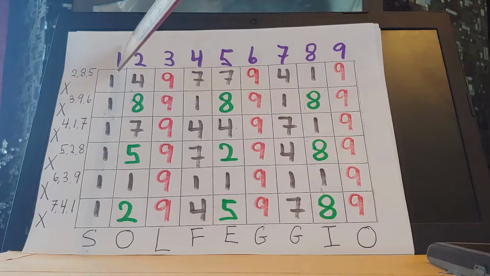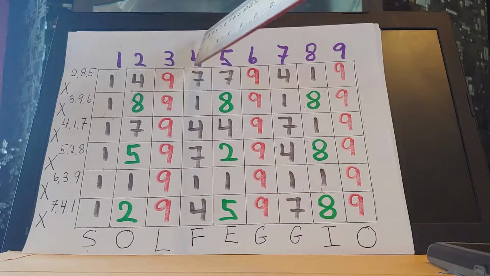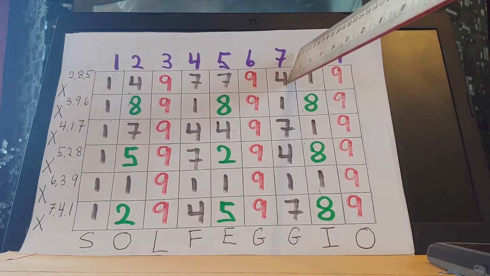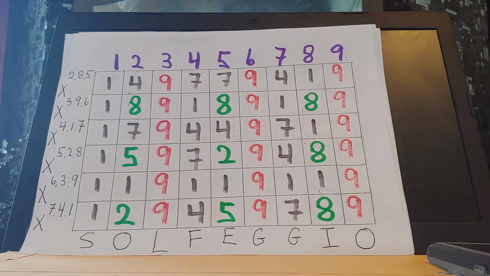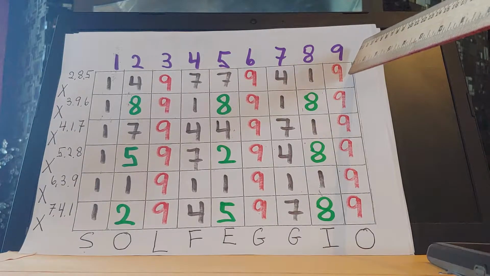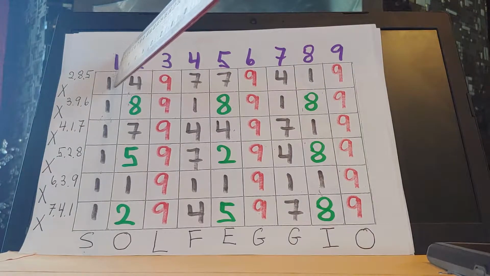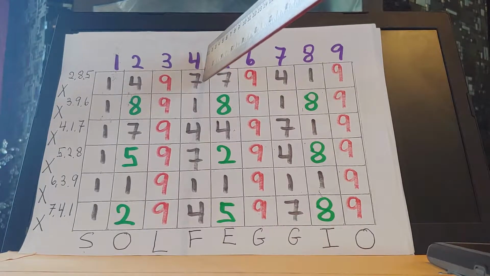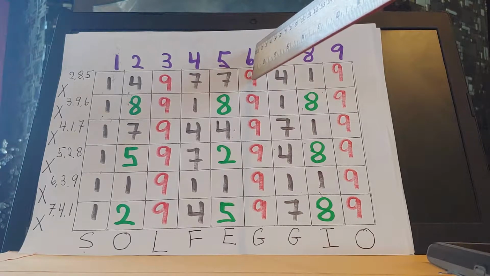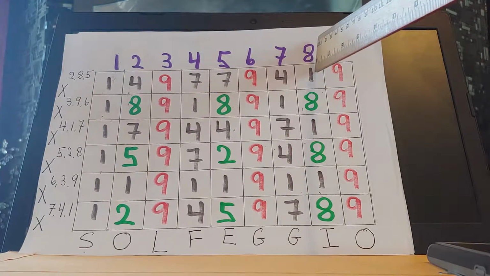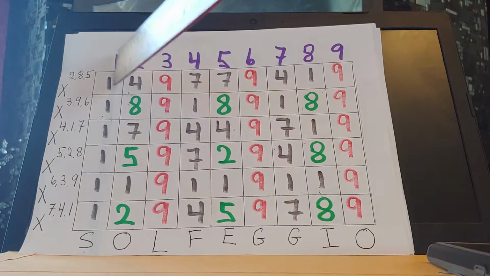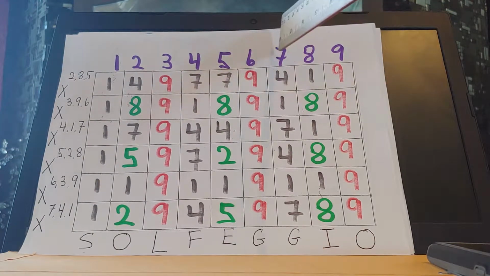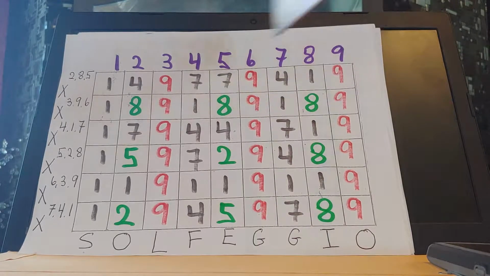If we square the numbers, 1 squared is 1, 2 squared is 4, 3 squared is 9, 4 squared is 16, 1 and 6 is 7, 5 squared is 25, 2 and 5 is 7. 36, 49, 4 and 9 is 13, 1 and 3 is 4. 64, 81, 100, 121, 144, 1 and 4 and 4 is 9, 169, 196, 225, 256, 289, 324, 361, 400, 441, 484, 529, 576, 625, 676, and 729.